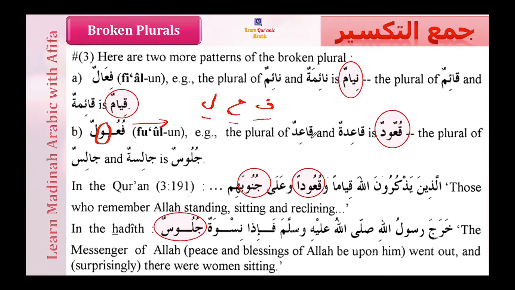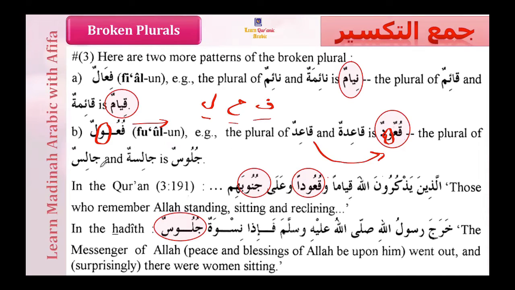The root letters here are qaf, ain, and dal. So how do we make the plural of this pattern? You just add this waw and these dhammas to make this pattern, fu'ulun. So it's qu'udun. Similar to this pattern, fu'ulun, qu'udun means sitting, which is the plural.